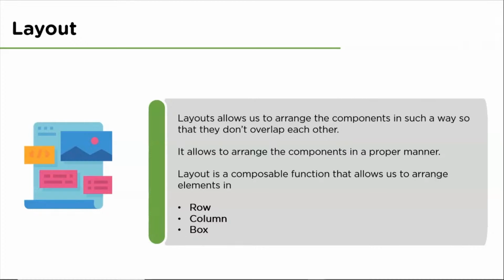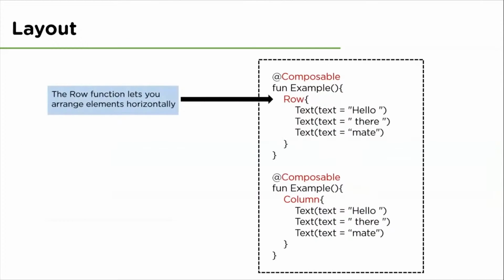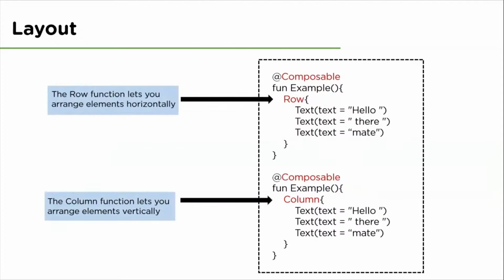Layout is a compose function which allows us to arrange elements in a row, column, and box. So let's understand. Here we can see in this example, there is a Row keyword, which means these three words, hello, there, mate, that are written inside the Row function will be arranged horizontally.